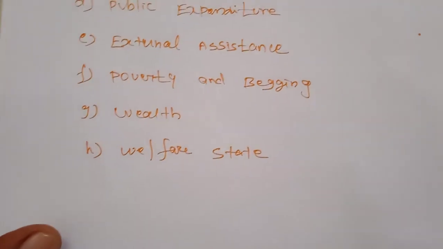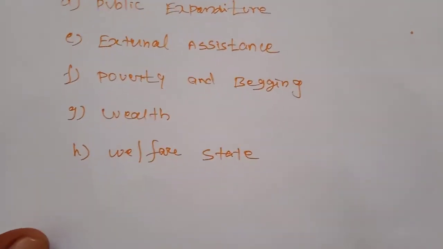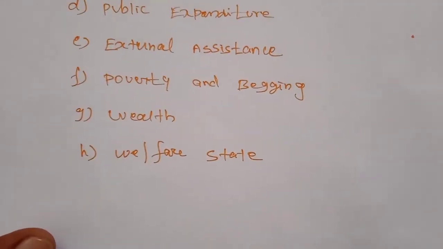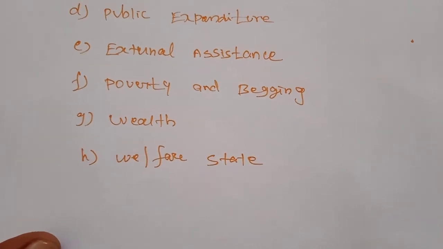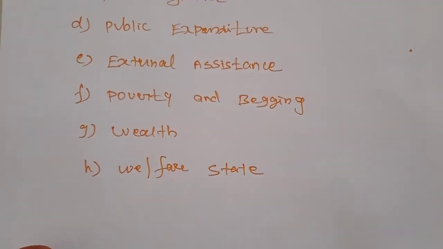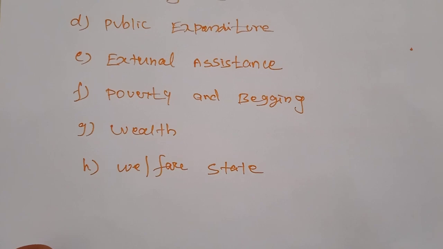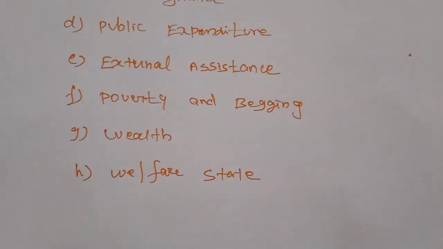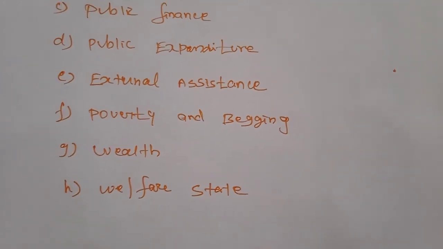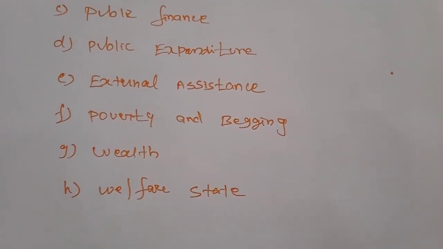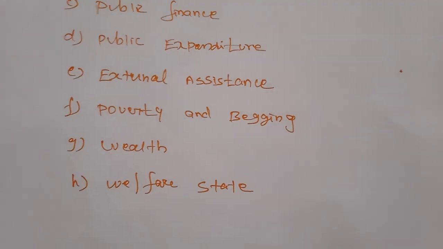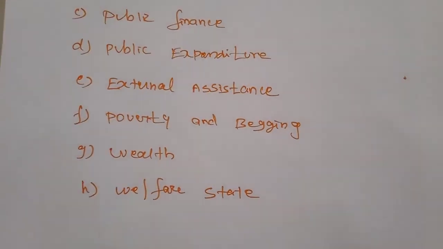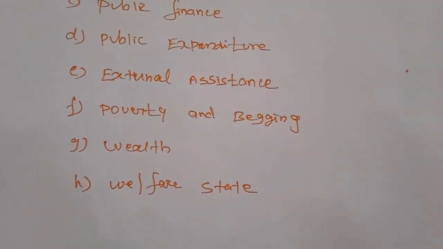Next, wealth. Valluvar regarded wealth as only a means and not an end. He said, acquire a great fortune by noble and honorable means. Even if governments are making more income, that income and wealth must be created in honorable ways.